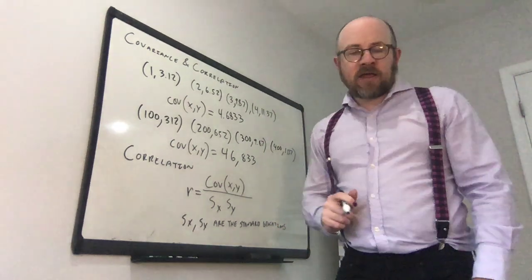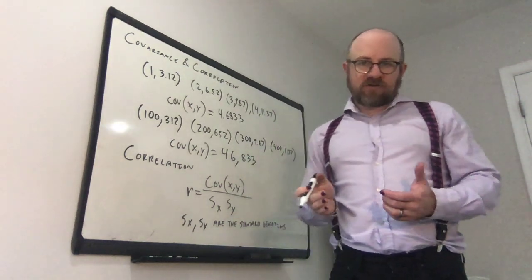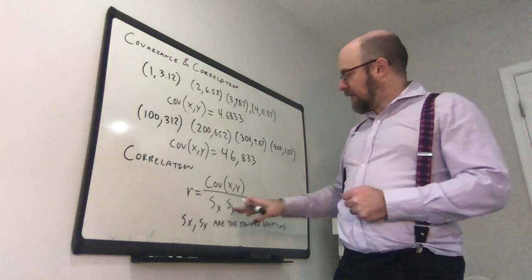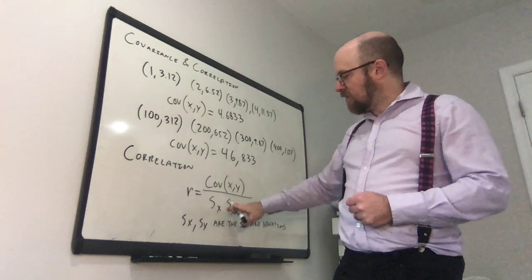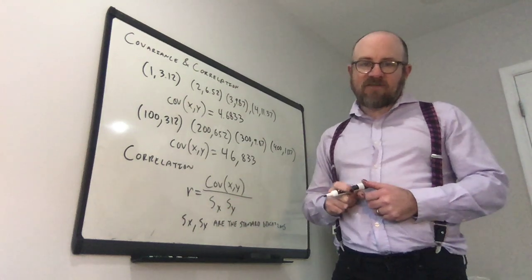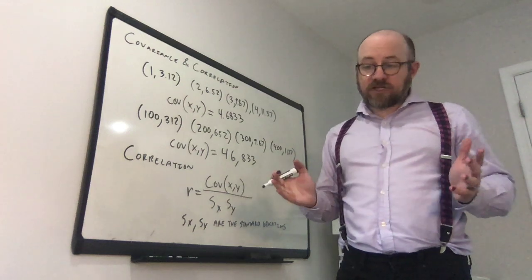So if you remember the standard deviation of a set of numbers, which we computed earlier, you can take the standard deviation of all the x values times the standard deviation of all the y values, and you'll get this correlation.